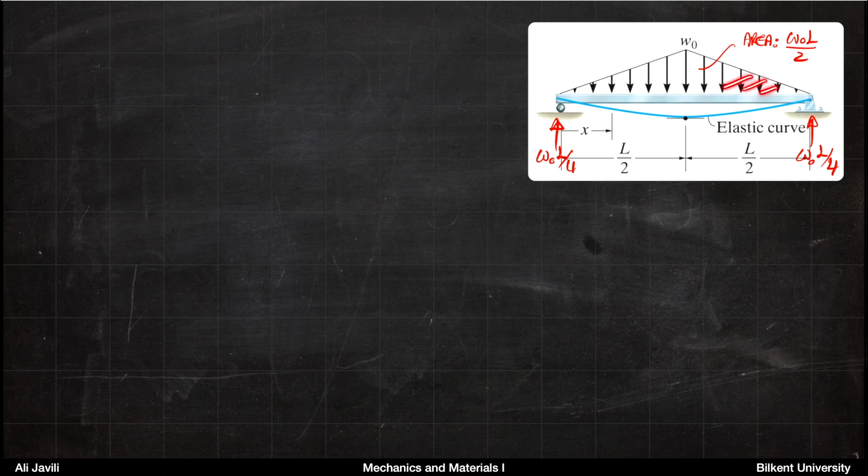If you compute the area of this triangle to calculate the effective force, that would be 1/2 of W0L. Due to the symmetry of the problem, 1/2 of that would be carried by each support. So basically you get W0L divided by 4 for the left support and the same for the right support.